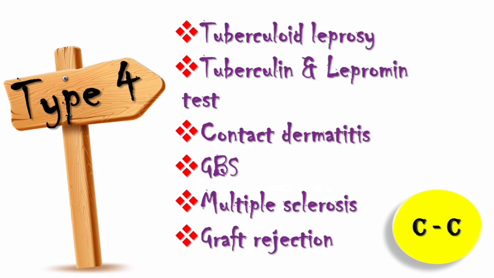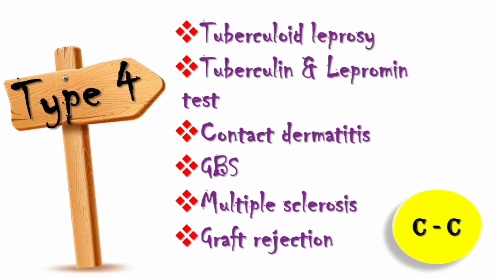Next comes type 4 or type D. D for delayed hypersensitivity. This is a T cell mediated hypersensitivity reaction. So A for anaphylaxis, B for antibody, C for immune complex deposition, D for delayed hypersensitivity reaction. This occurs due to contact of antigen with pre-sensitized T lymphocytes.